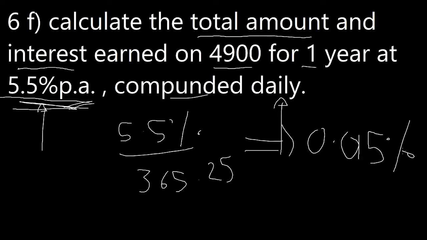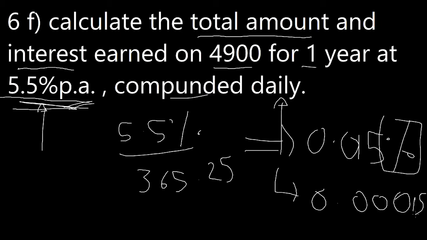Because this is percent, and remember I've rounded this, so the answers may not be exactly the same as the textbook. We're going to again divide this by 100 because percent means divide by 100, and we're going to get our decimal form of 0.00015 per day.